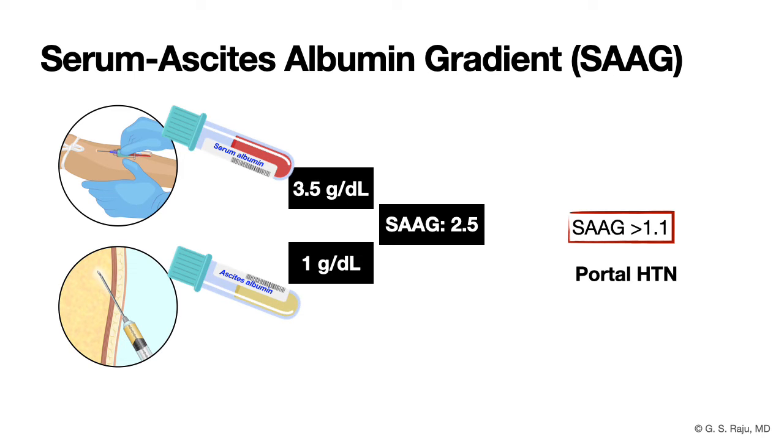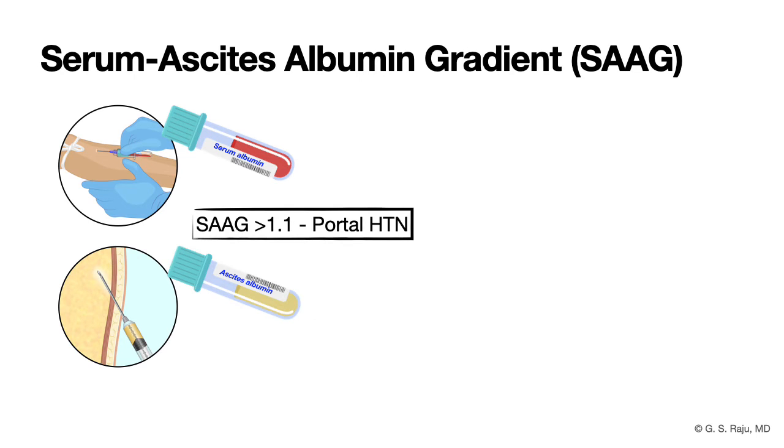On the other hand, if the serum ascites albumin gradient is more than 1.1, then looking at the ascitic fluid protein may help whether the ascites formed because of portal hypertension is post-sinusoidal obstruction or sinusoidal obstruction of the liver.